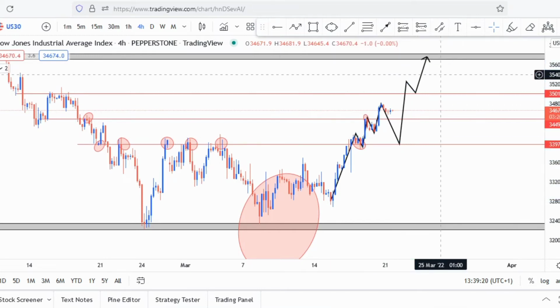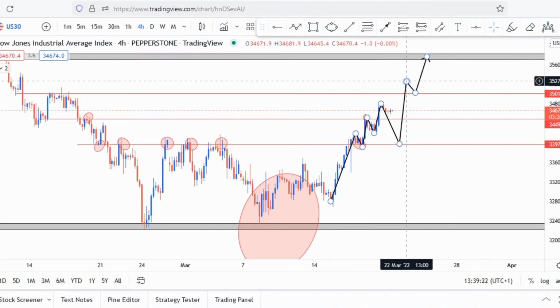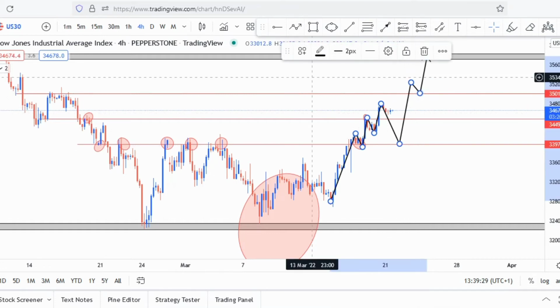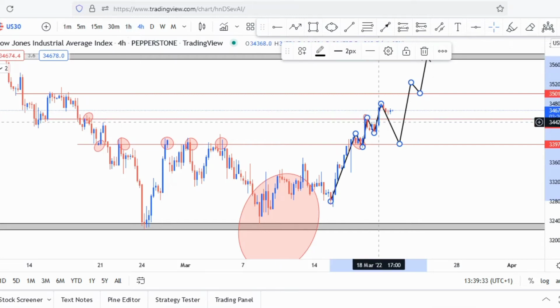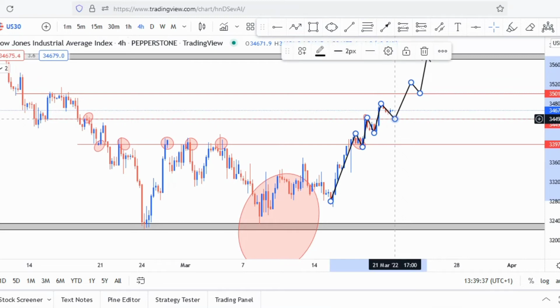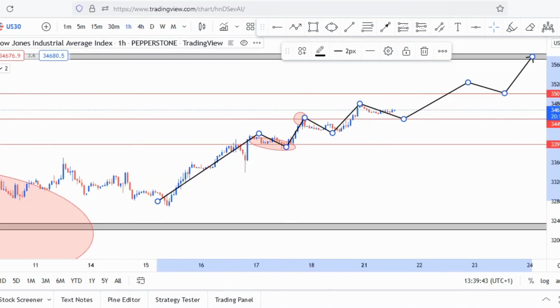So you always have to be very careful, and you always have to make sure that you manage your risk very well, because there could be that massive drop. So you always have to be ready for it. But nevertheless, what I am expecting is for price to retest this area that it's broken now, and it broke it strongly as well. And if price is able to retest that area, then I'll be looking to take my buy trades there.